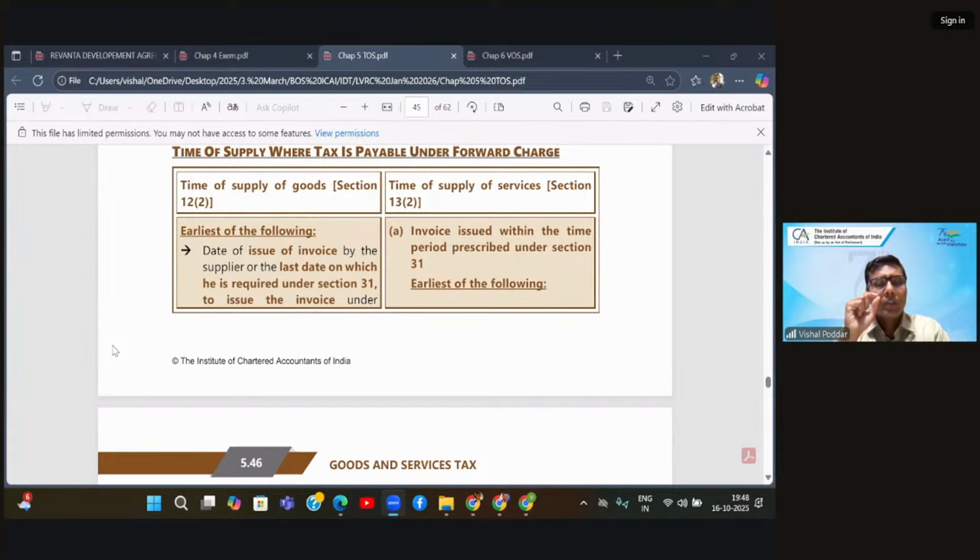So, cessation of service is the transaction where I start supplying a service. Let us say our service is over a period of 6 months, but due to some reason, there is some dispute between the supplier and the recipient, and I decide to stop the service. So let us say you appointed me as your internal auditor.